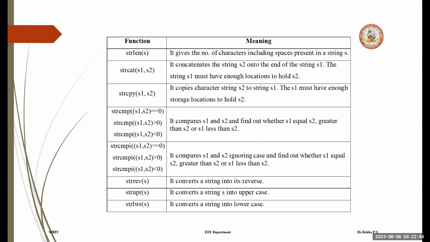So what do you mean by strlen of s? It gives the number of characters including spaces present in a string s. S is a string. So strlen of s gives the number of characters including the spaces present in string s.